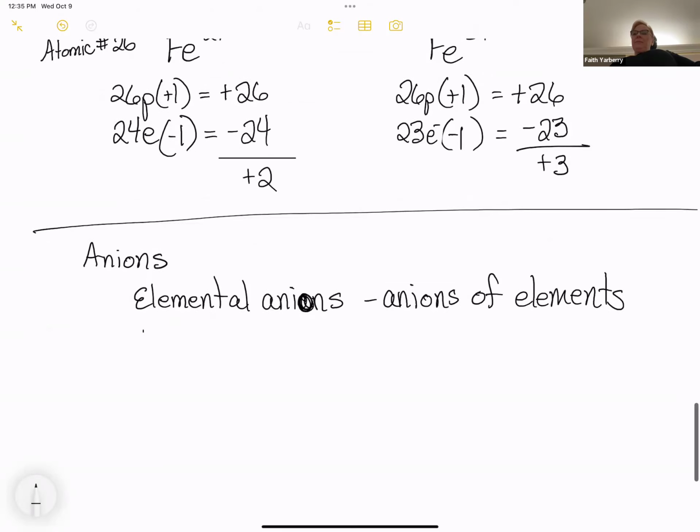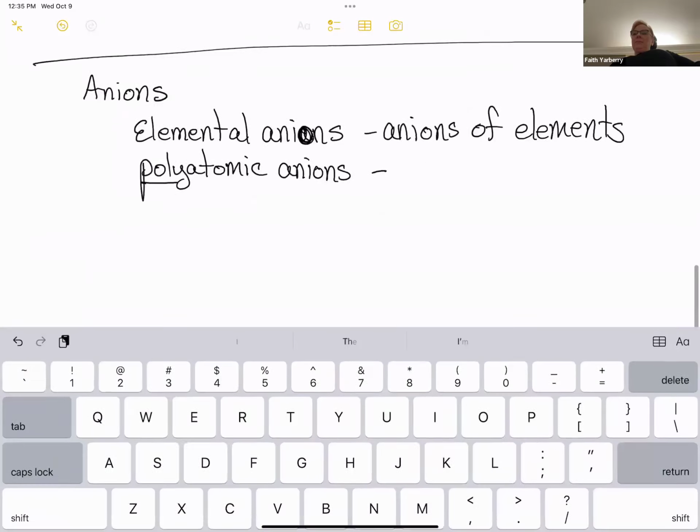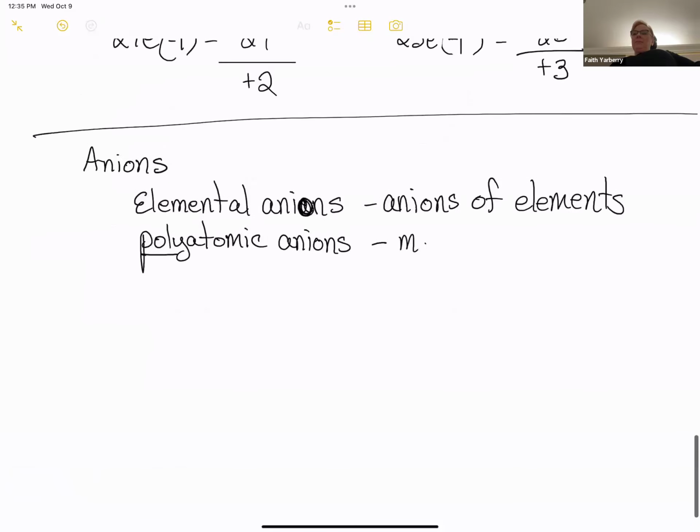And they are going to be the polyatomic anions. Poly stands for many. Atomic, atom. Ions.